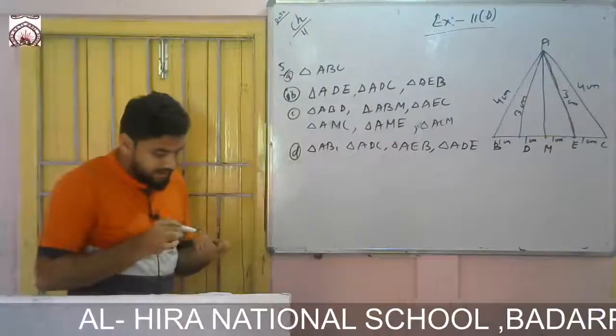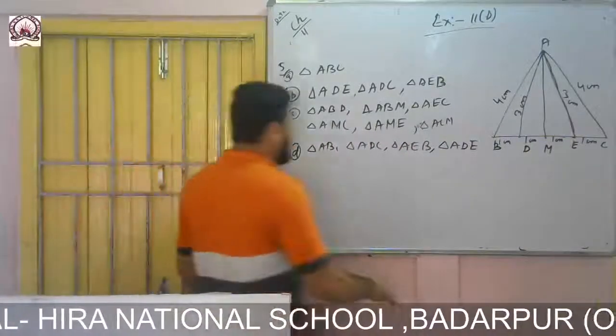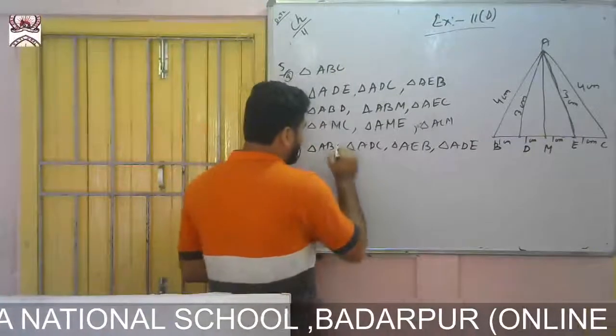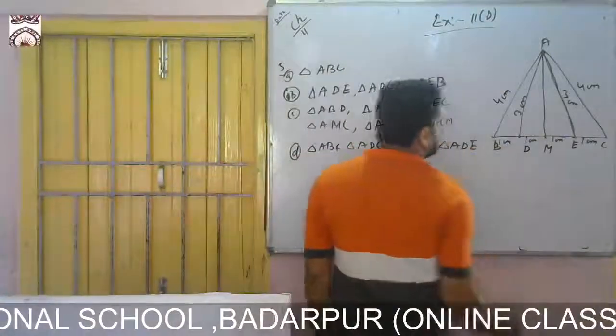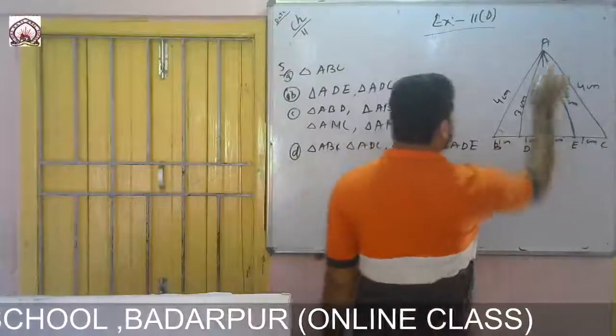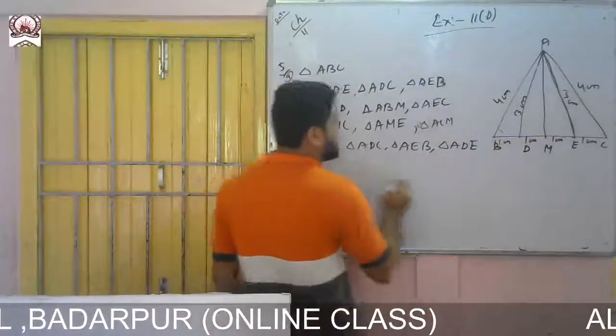See, all are less than 90 degrees. How? You see ABC, these angles are less than 90 degrees, so it is an acute angle. ADC.